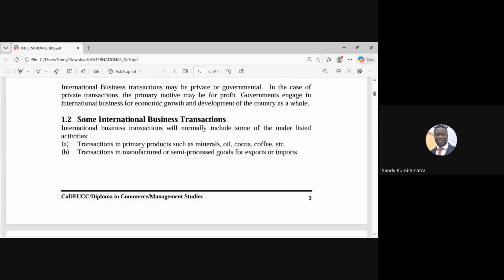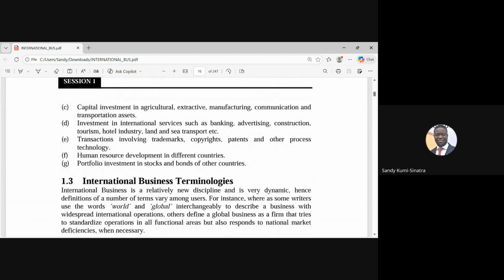Then we have capital investment in the form of agric and extraction, manufacturing, communication, transport, and etc. So these are people investing in some of these things outside their home country.